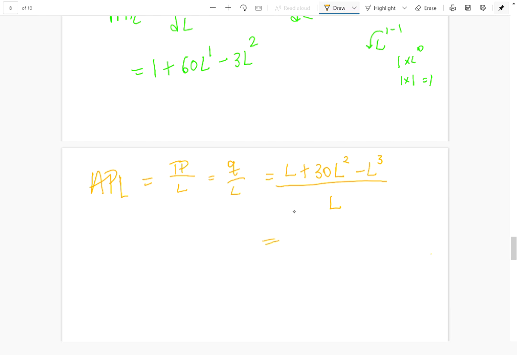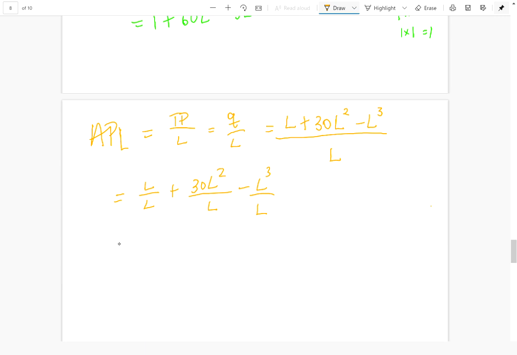So this is similar to saying L over L plus 30L squared over L minus L cubed over L. Right, we can distribute the L evenly. So this would be equal to 1 plus 30L minus L squared. This is our average product of labor.